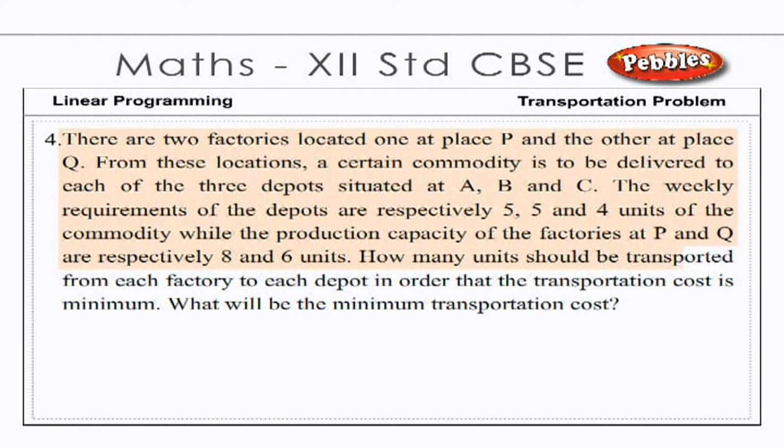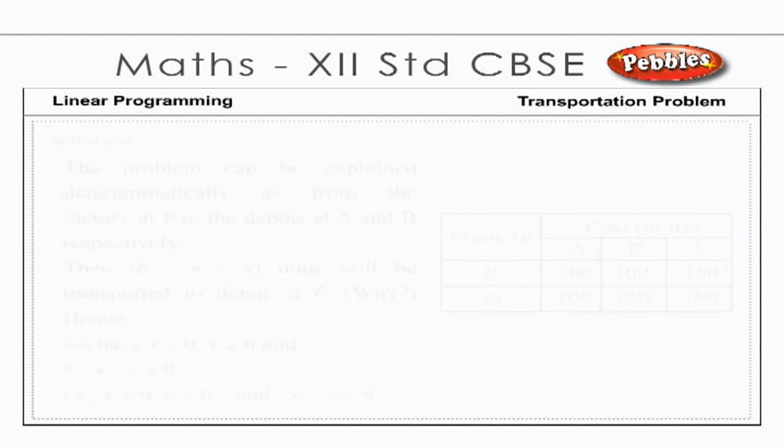How many units should be transported from each factory to each depot in order that the transportation cost is minimum? What will be the minimum transportation cost?